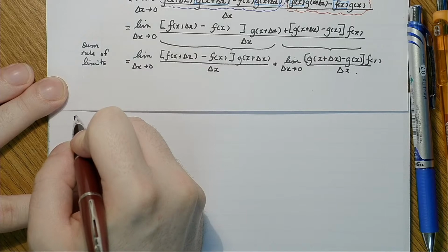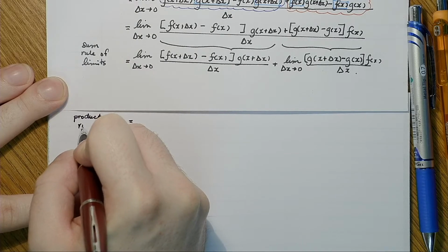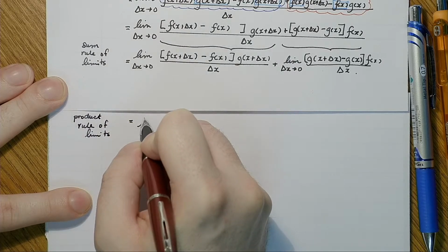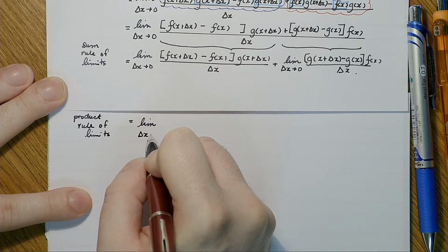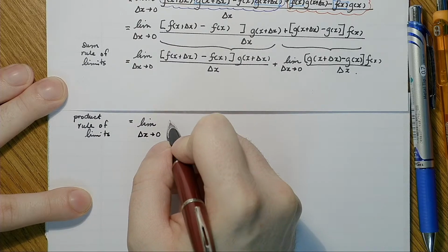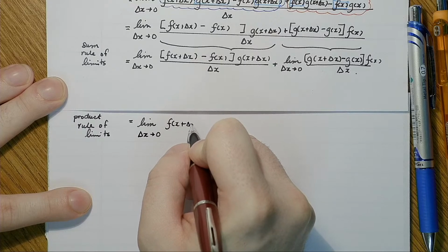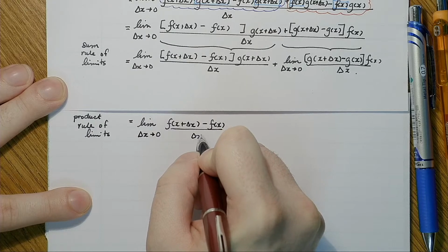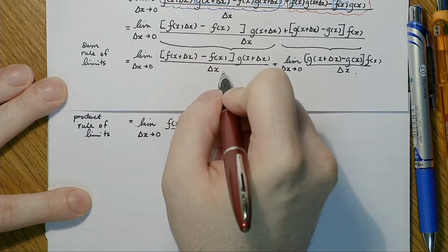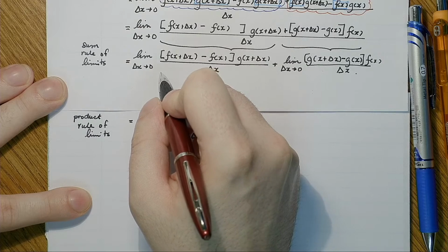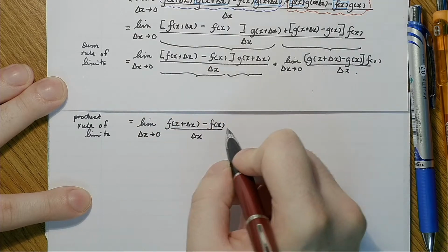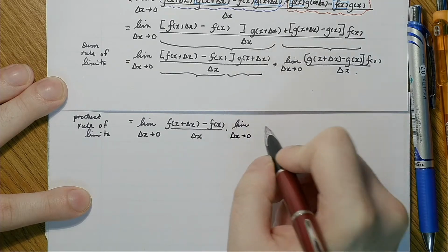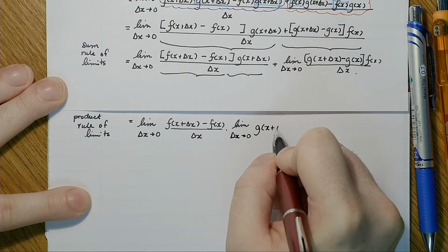So here's the product rule. From here, I'm splitting it up for this one and this one. So I'm going to have that, and I have that, times the limit as delta x goes to 0 of g of x plus delta x.